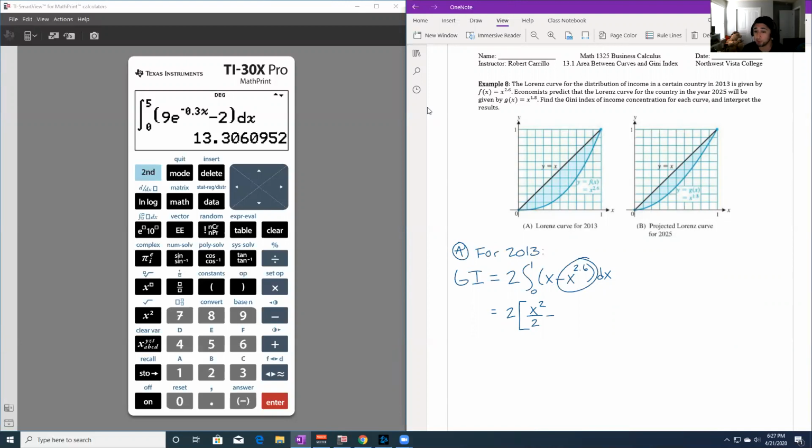Well, that's just power rule. You get x to the 3.6 over 3.6.